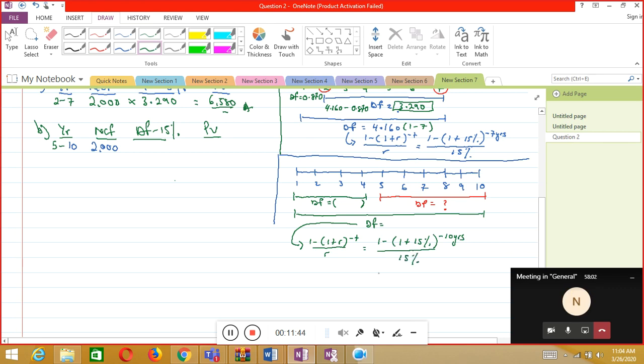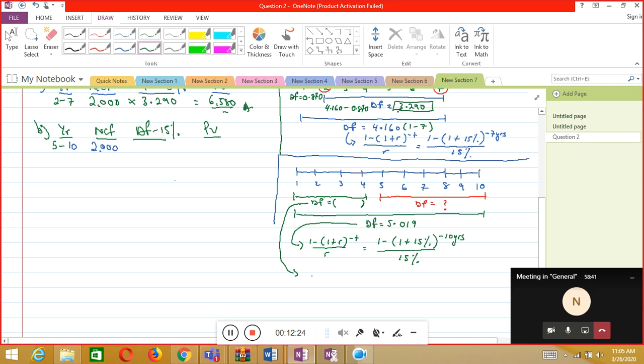So how much you get? So you should be able to get 5.019. Check. Betul kah?